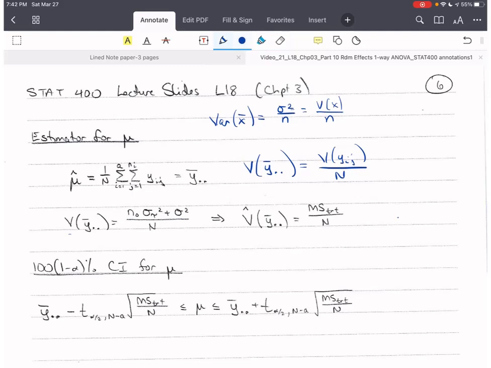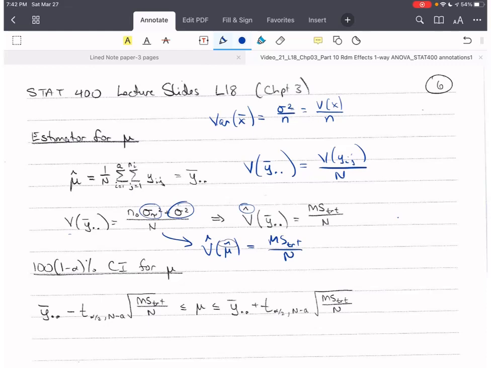Notice that I have a hat over the V. So this is equal to V of mu hat, but it has population parameter values in there that we don't know. So we're going to estimate this. V hat of mu hat is equal to the MSTRT over n. This is another way of writing it.